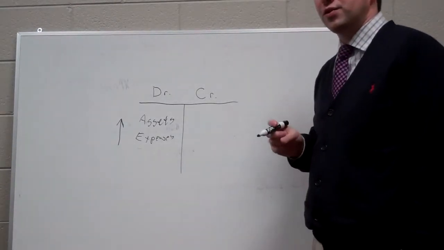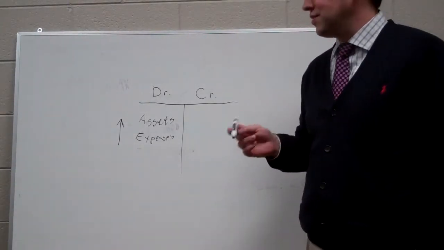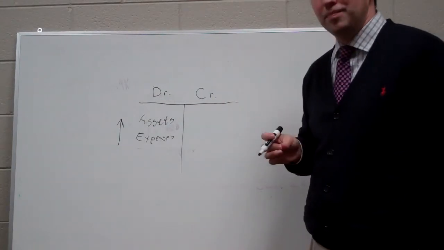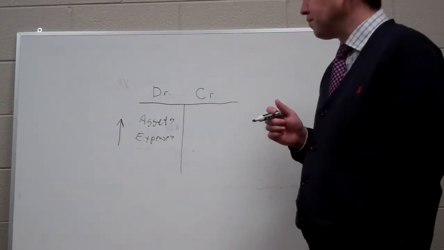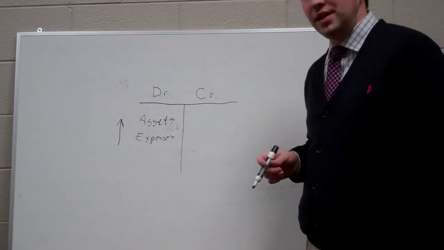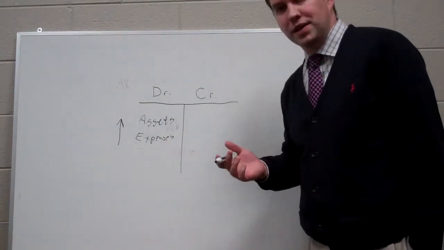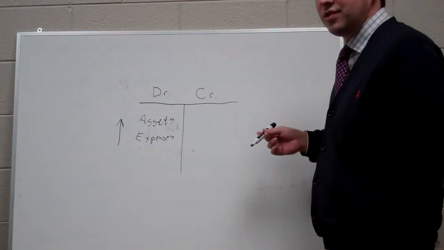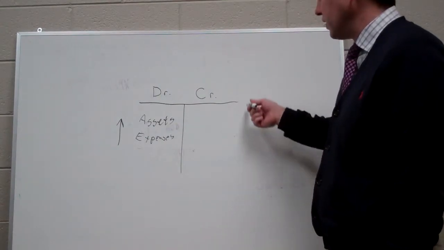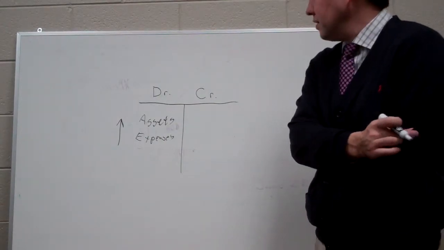The opposite's also true then. Assets and expenses decrease on the credit side. When we pay that phone bill, we debit the expense, telephone expense, and we credit cash. Because we pay cash, cash is going down, it decreases with the credit.